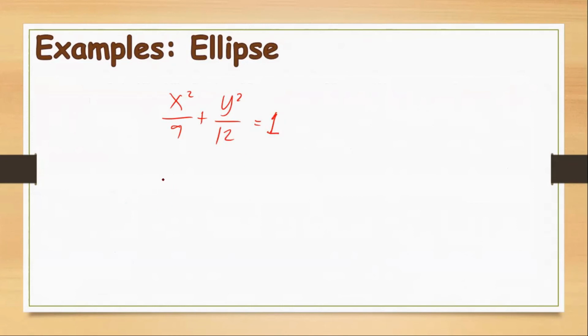Or also, you can have 3x squared plus 4y squared minus 3x plus 5y minus 10 equals 0. That can be an example of the equation of the ellipse.